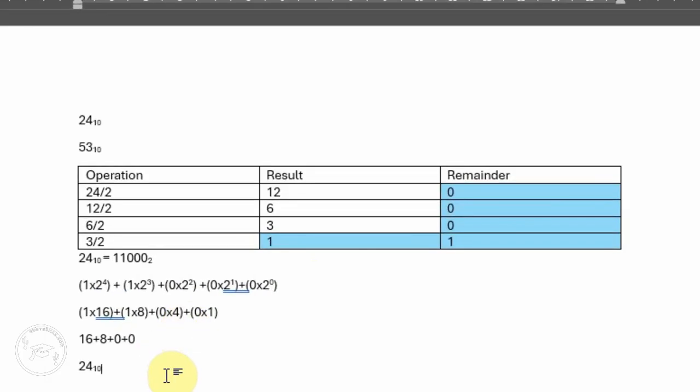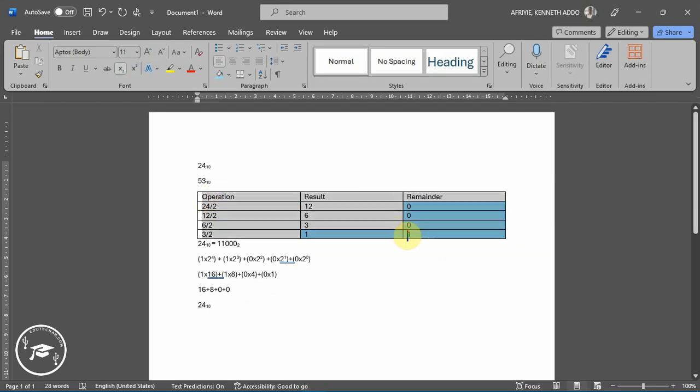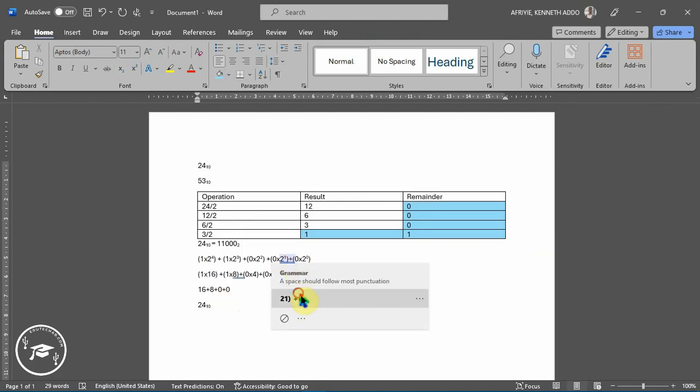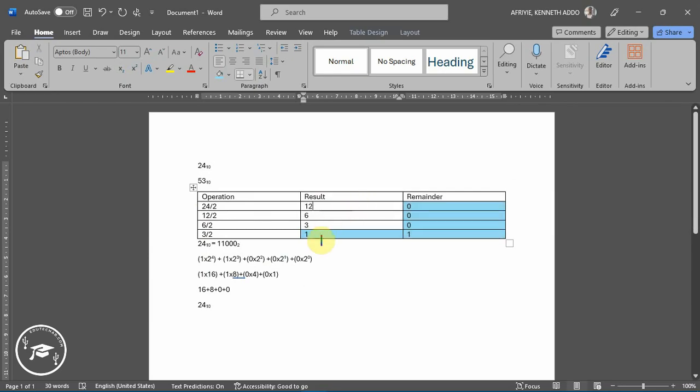Great. So this is how we convert base 10, which is decimal, into binary. Then we convert the binary, which is here again, back into base 10. So if you do your conversion and you're not getting the right answer, your problem can normally come from here, especially when it comes to the writing of the binary numbers.